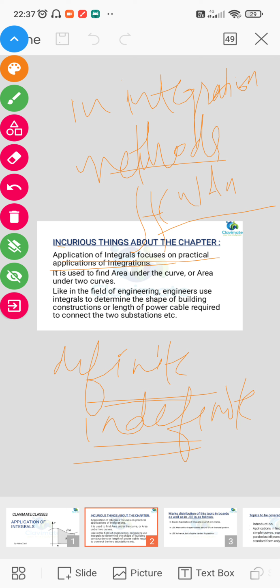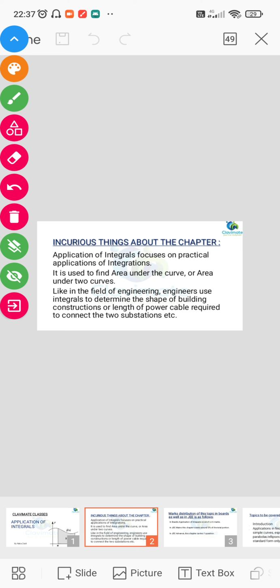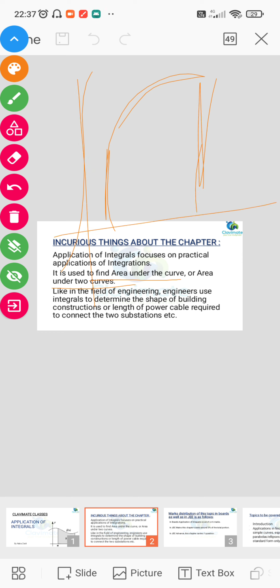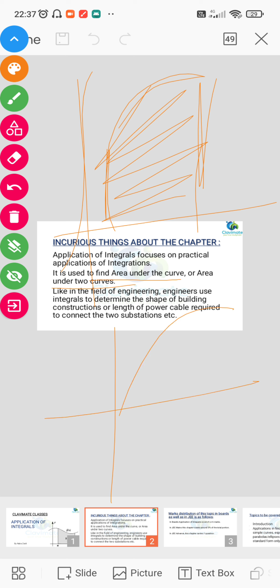It is used to find area under a curve, and area under two curves. If we are given any curve, we find the area under this curve. Or if we are given two curves, we find the area under these two curves with the help of integrals.